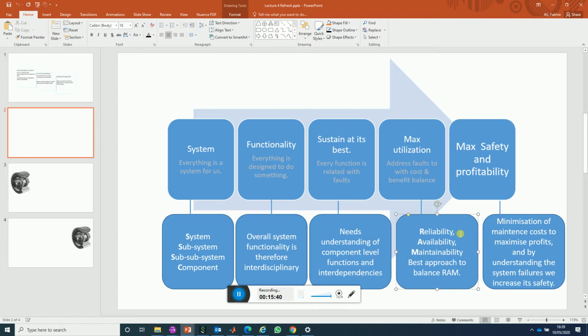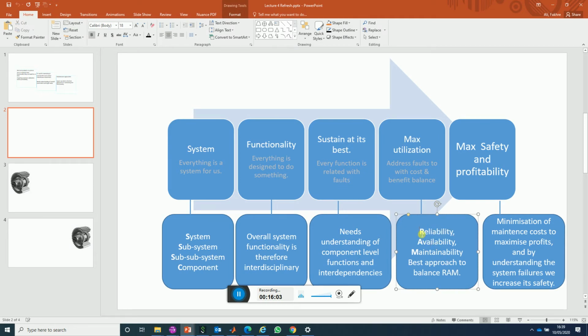For example, the fault mode of a filter getting blocked due to the presence of foreign particles in the flow: how does that fault mode, the blockage of the filter, lead to failure of the filter? So reliability is increased by understanding the fault modes.